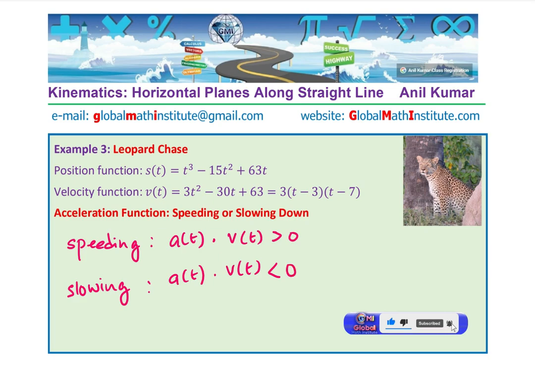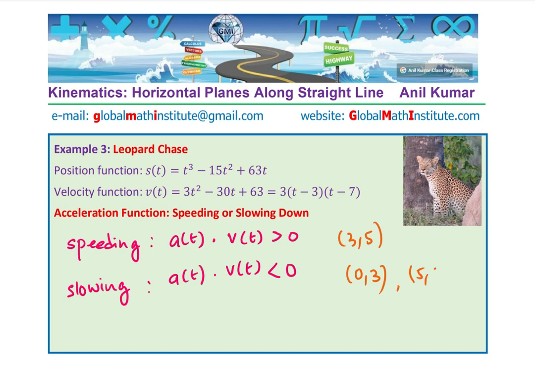Clear? And from the graph, we figured out that initially it was slowing down from 0 to 3. Then from 3 to 5, both were negative. Then from 5 to 7, slowing down again. And then from 7 to 10, it was speeding. You get the idea, right?